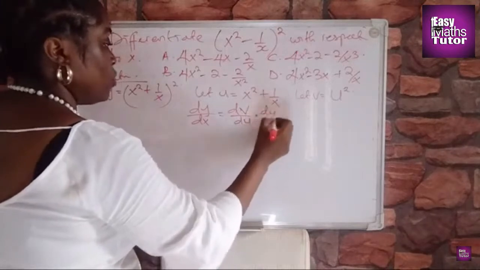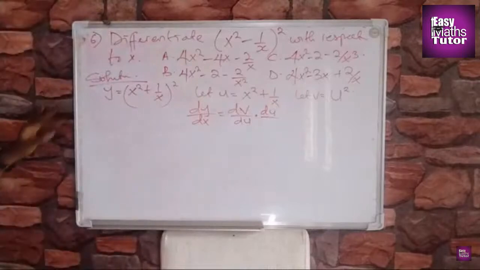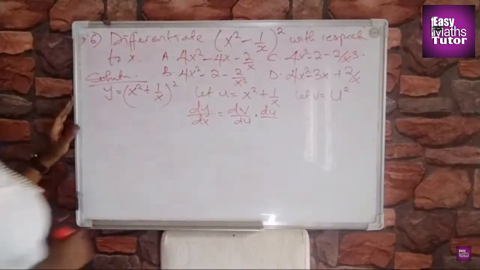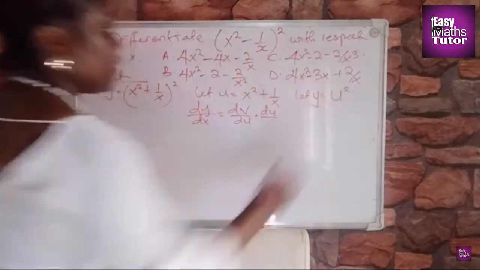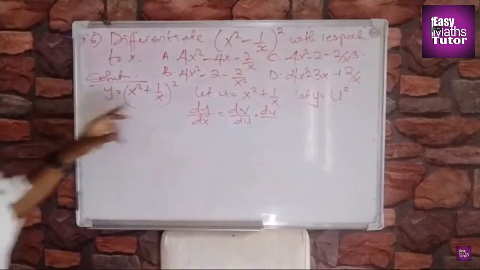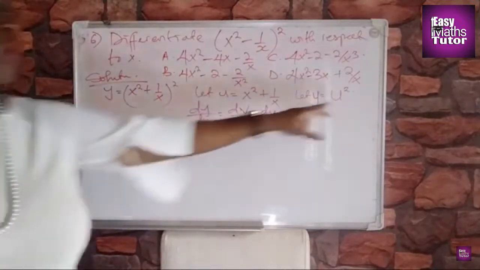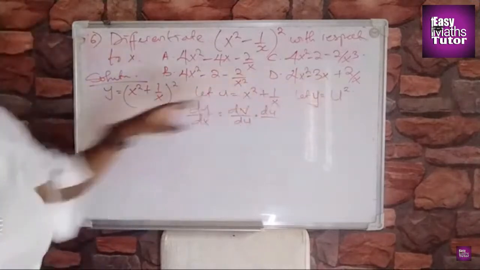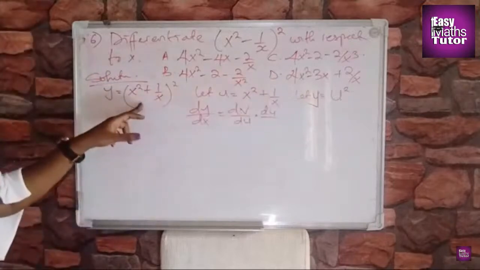Let's look at it critically. We say let y be equal to u squared, because u is x squared plus 1 over x. Therefore, y will be u squared.